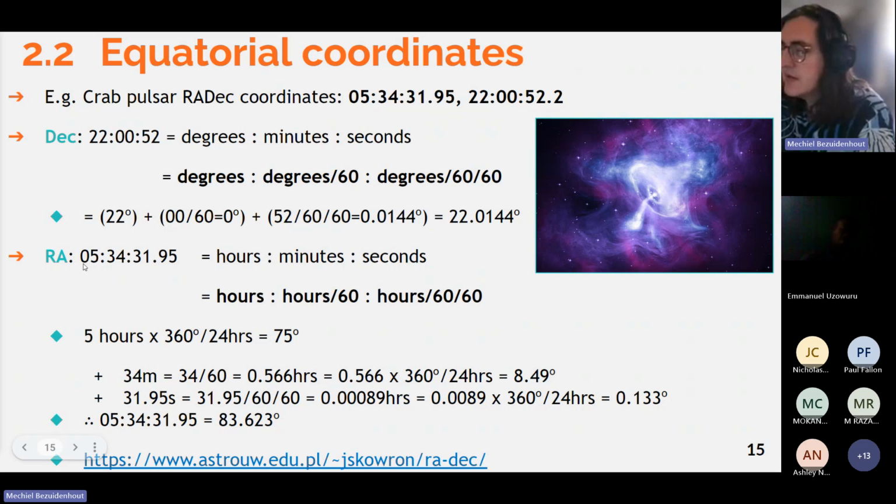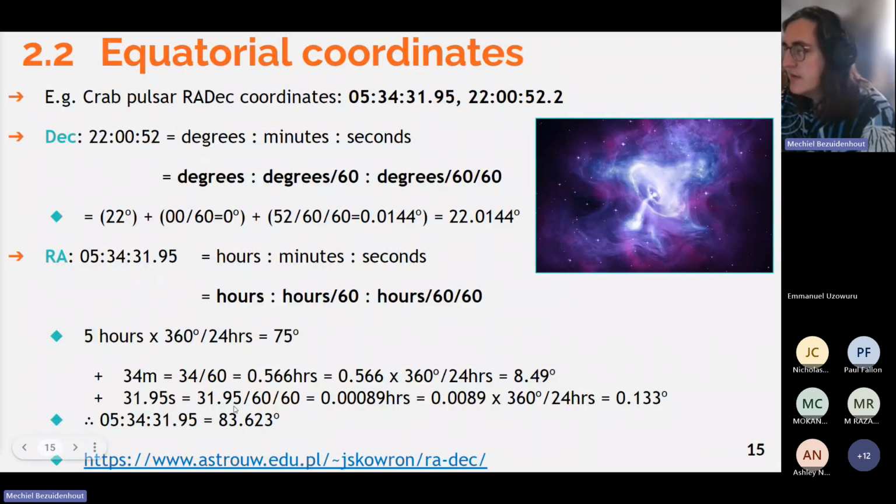To get a decimal degree value for the right ascension, we take the 5 hours multiplied by 360 degrees divided by 24 hours, that's one rotation, which gives us 75 degrees. Then plus the 34 minutes, which is 0.566 hours. Multiply that again by 360 over 24 gives us 8.49 degrees.